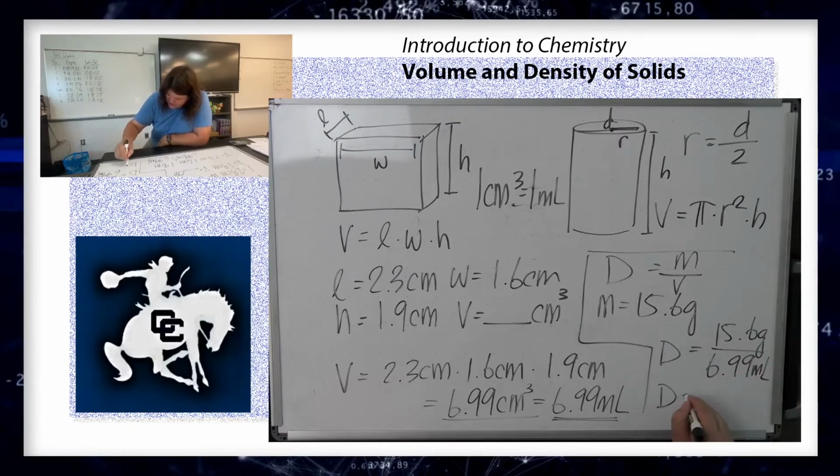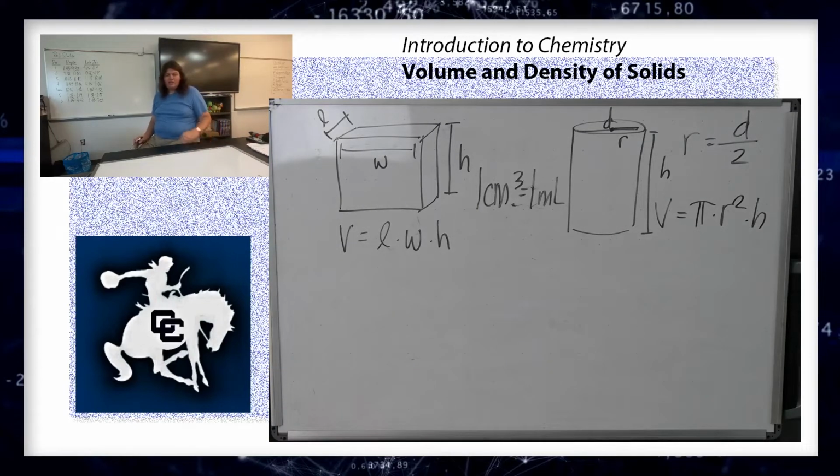And that gives me a final density of 2.23 grams per milliliter. Again, you can see that volume can be used for a variety of different sources, density just being the most common from this unit.